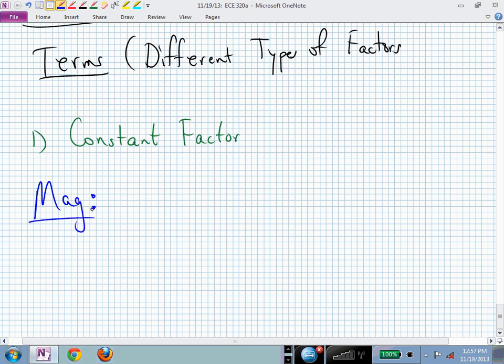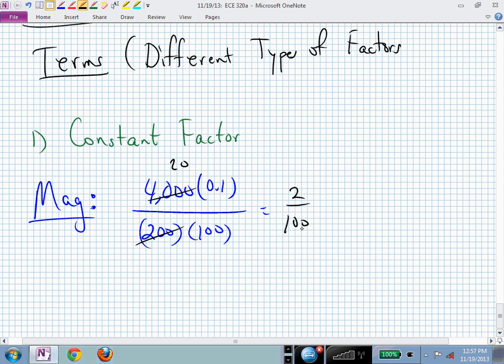We now have for the magnitude, because we have two different things we're sketching, magnitude and angle, or magnitude and phase for each term. For the magnitude, we had the 4,000 times 0.1 over 200 and 100. And if I divide 200 into 4,000, I now have 20. Is that okay? So now I have 2 over 100.